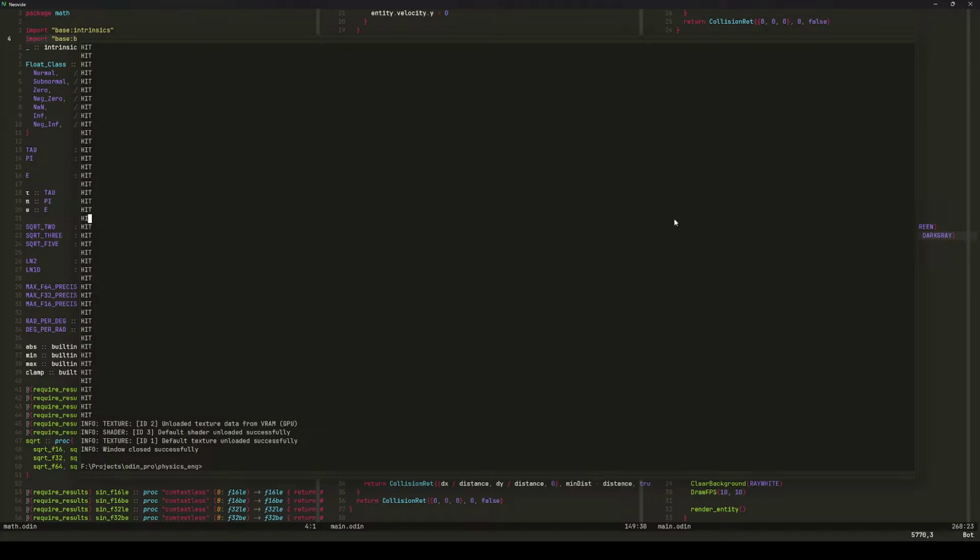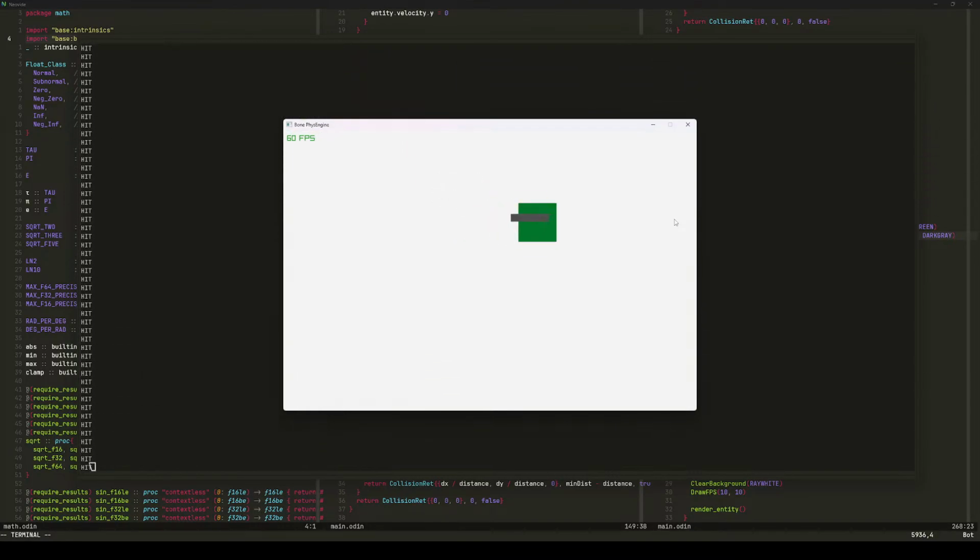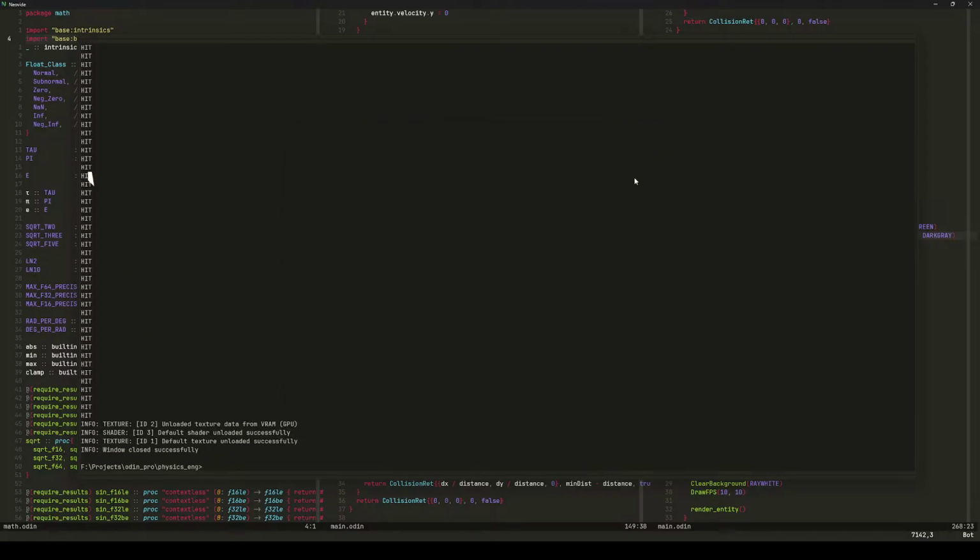Start recording, run, and just see this superimposed position. Stop recording, get the music back. I don't know.